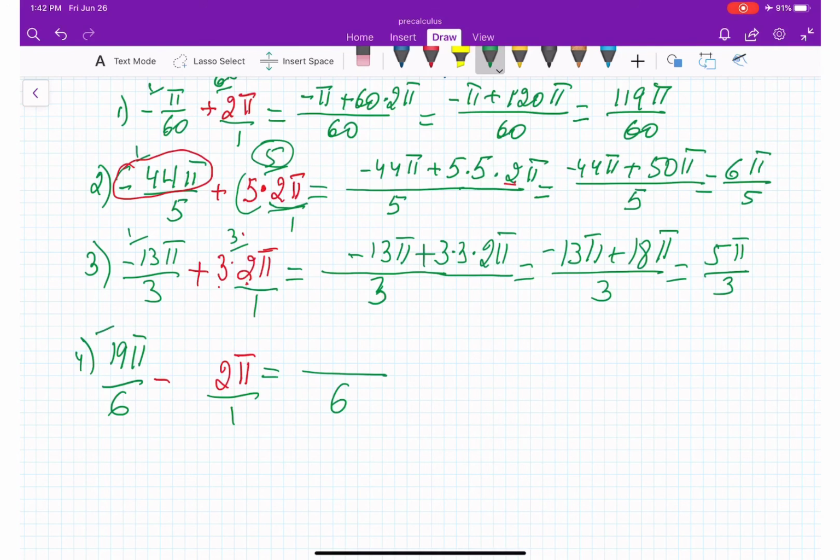So this will be 1 time, which means no change. Here I have to multiply by 6 times because the denominator is 1. I have to multiply by the denominator 6 times also, which means 19. I need to get a positive angle: 19 pi minus 12 pi.